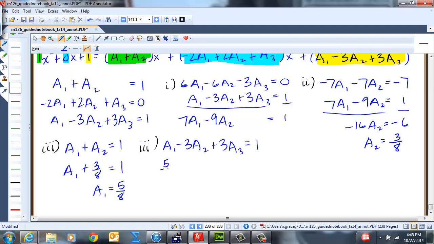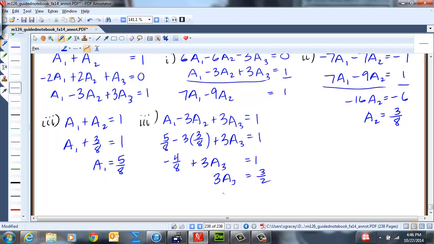So we had 5/8 for A1 minus 3 times 3/8 plus 3 times A3 is equal to 1. So let's see, 5/8 minus 9/8 will be negative 4/8 plus 3A3 is 1. So 3A3 would end up being 4/8 is a half, so 1 plus a half is 3/2. And when I divide both sides by 3, the 3's divide out and I'll get 1/2.